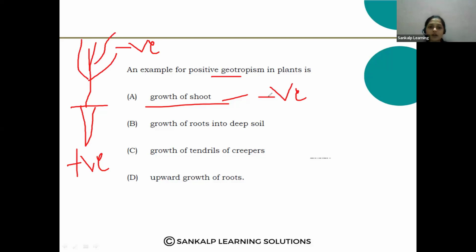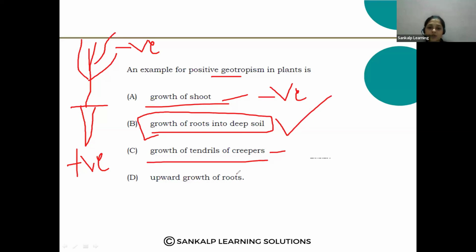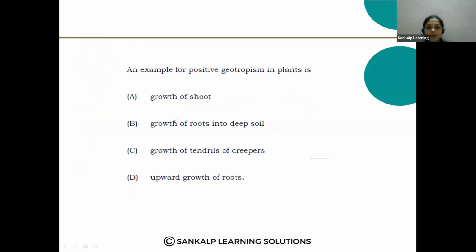Growth of the roots into the soil shows positive geotropism. Growth of the tendrils of the creepers also shows negative geotropism, and upward growth of the roots shows negative geotropism. Okay, so here the answer is growth of the roots into the deep soil.